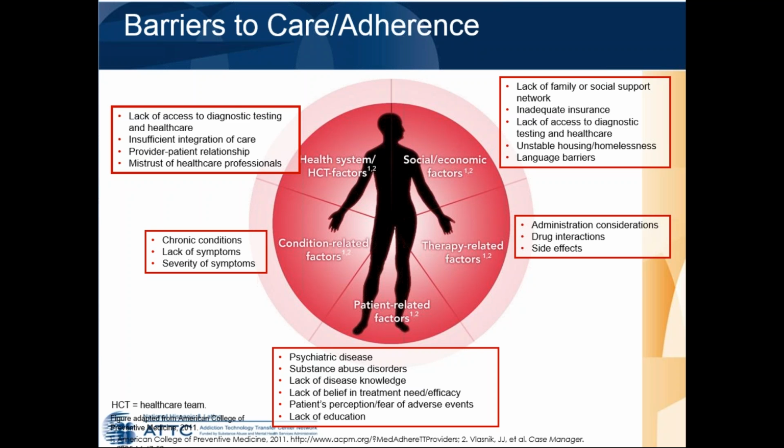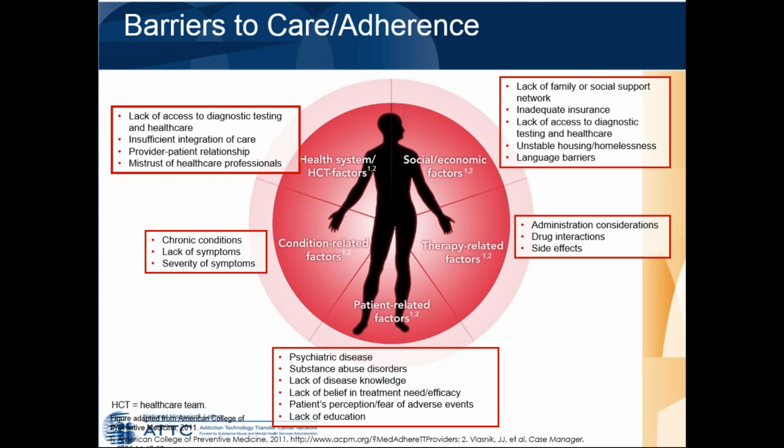Social economic factors, I would say language barriers. The case that I presented at the beginning is a monolingual Spanish-speaking only patient. That may be an issue. There may be a lot of cultural differences, language barriers, and that has been shown to be a barrier to care in the United States.